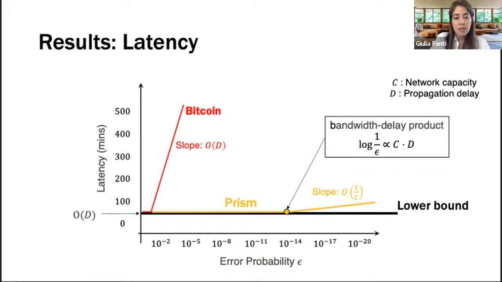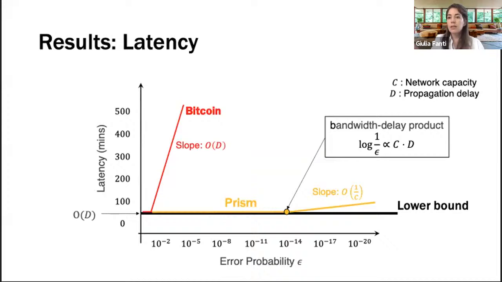So in particular, it remains order D until we hit basically the bandwidth delay product of our network. And after that, the slope starts increasing at a slope that looks like 1/C, our capacity. And this slope is going to be quite small because these capacities are big in practice, like 100 Mbps, for example.